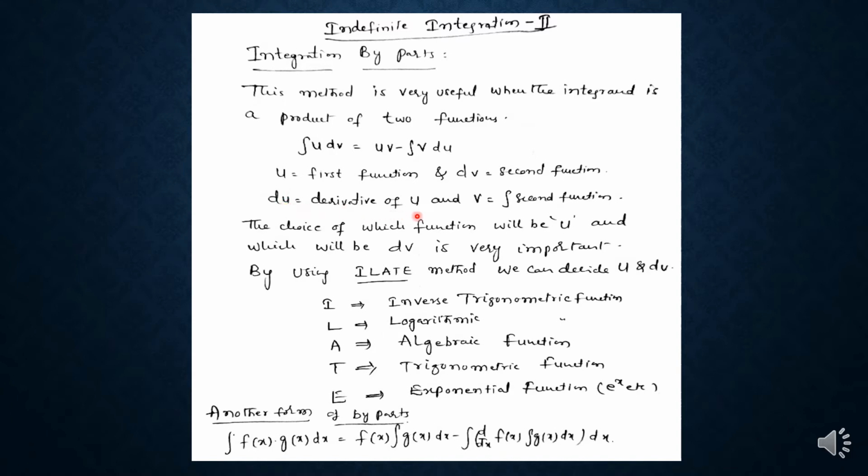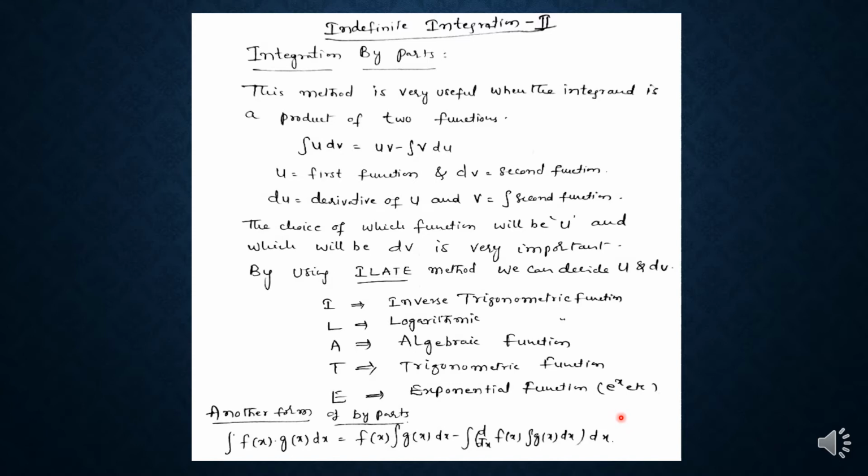The second function is dv, equal to the second function, and v can be obtained by integrating dv. So that is integral u dv is equal to uv minus integral v du. This is the other formula for integration by parts. We can use this one or that one.